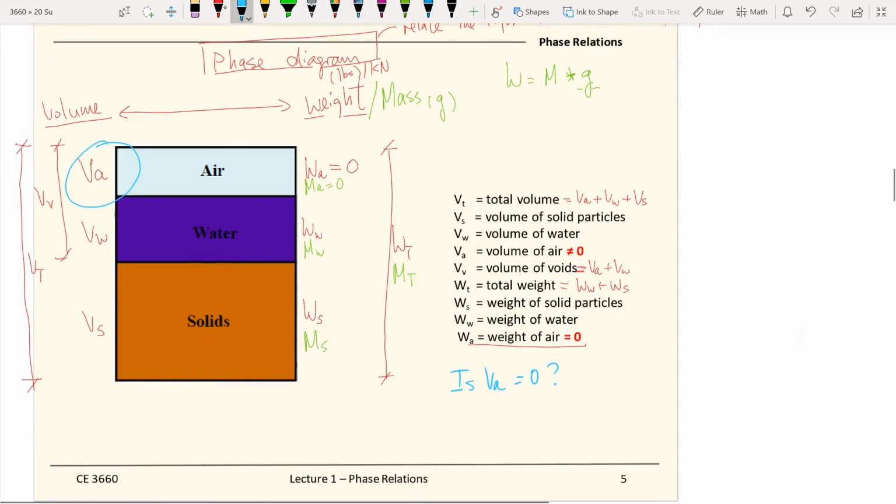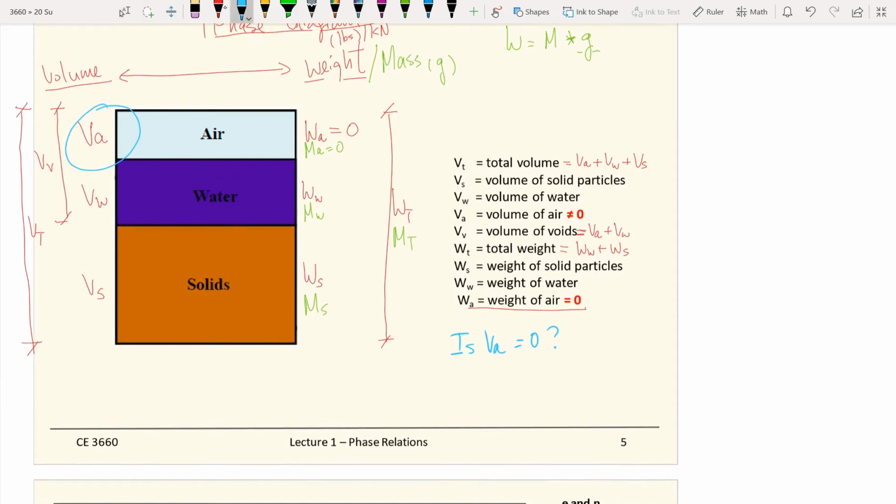The answer is it depends. The volume of air is not equal to 0 when the saturation of the void is not equal to 1. Saturation means water saturation.